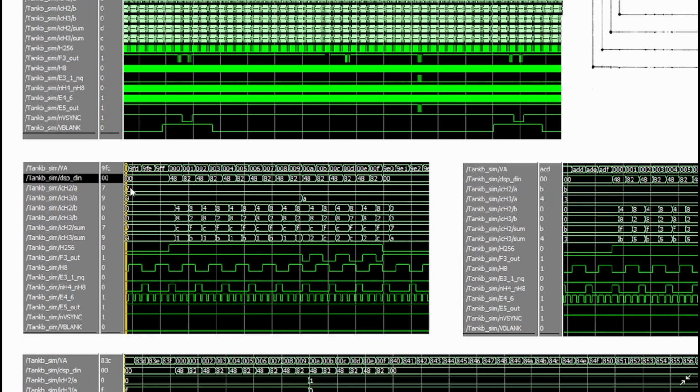So you can see here we have 7A, and when that's added to 8,2, which is the coordinate for the horizontal offset, we do get FC. And when we get FC, this goes low for the F3 out. But note that the E31Q doesn't change, and that's because it's filtered by this H8.